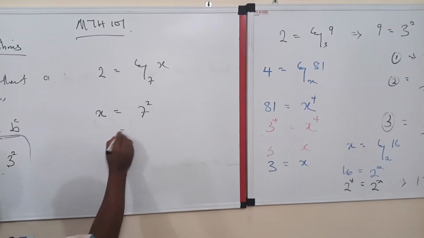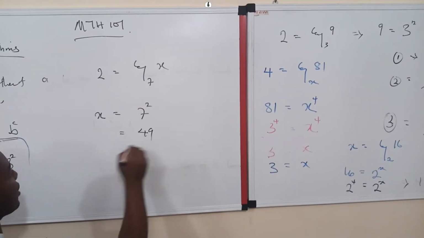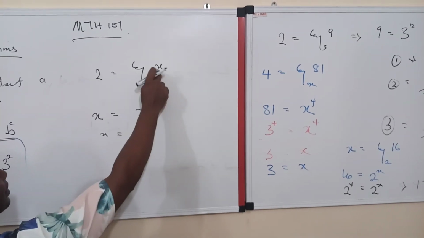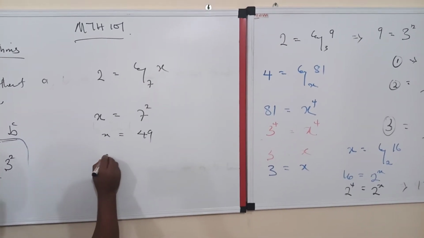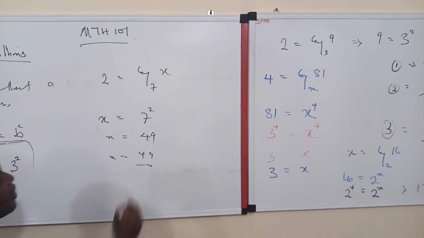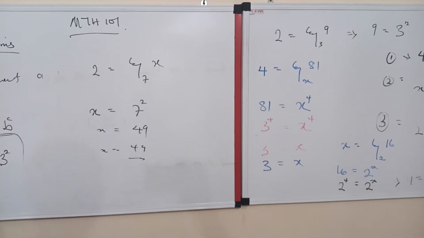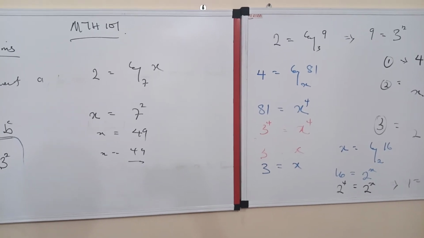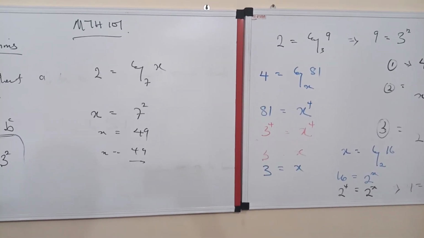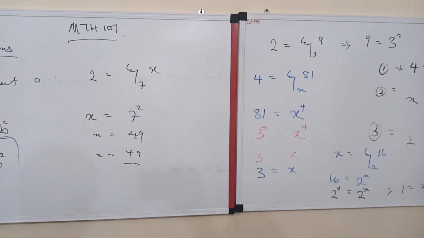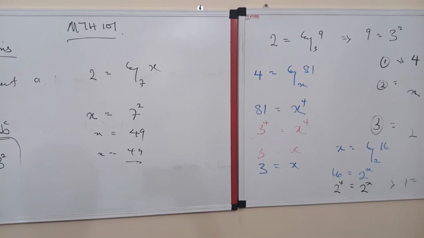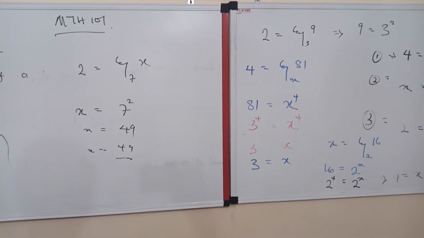And if you resolve this, here we just have 49. So our x, the number that is not known, is just 49. X is equal to 49. So irrespective of the case, either the power or the base or the number, if either of them is not given, it is also as simple as ABCD, and we can determine what those various values are.